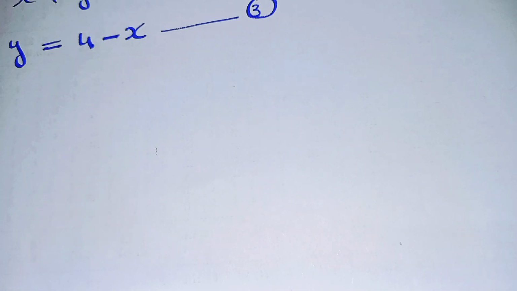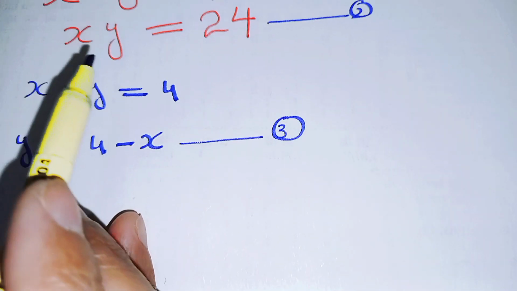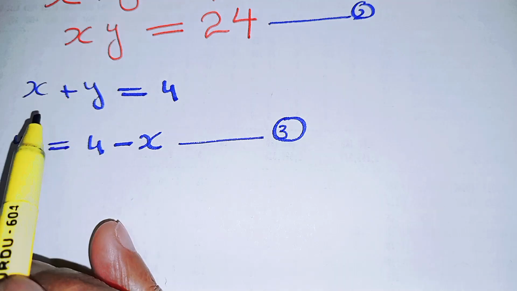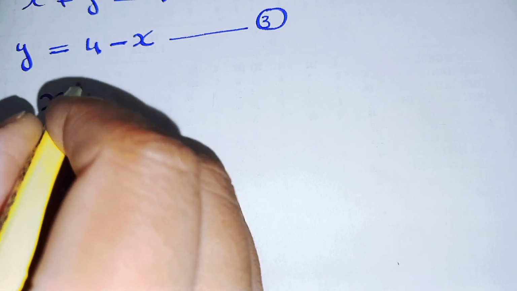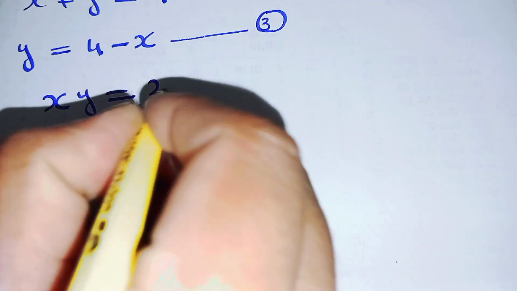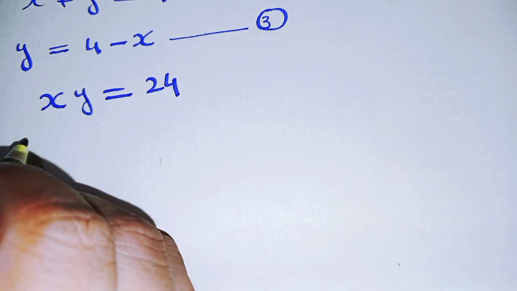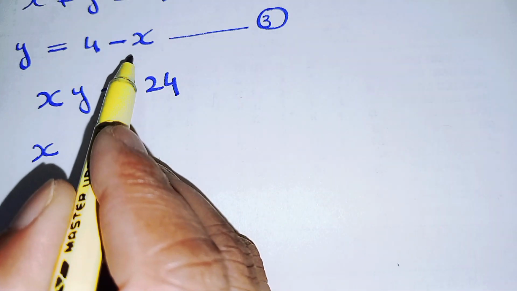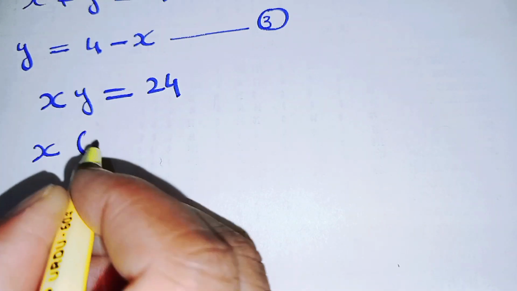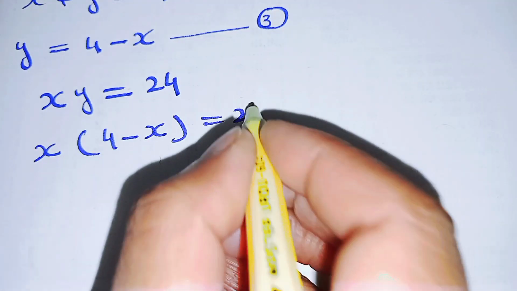Now the second equation: xy is equal to 24. Here we put x, and for y we put its value, y is equal to 4 minus x, so x times (4 minus x) is equal to 24.